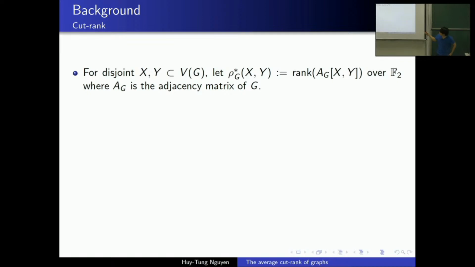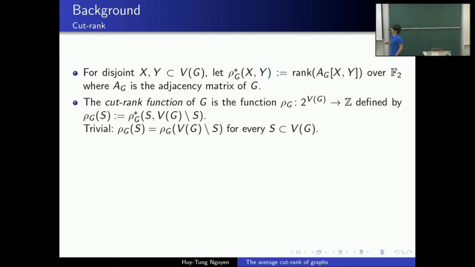The cut-rank function of G is the function ρ_G from the family of subsets of V(G) to the integers, defined by ρ_G(S) as the rank of the cut from S to V(G) minus S. A trivial fact is that this function is symmetric, straight from the definition.